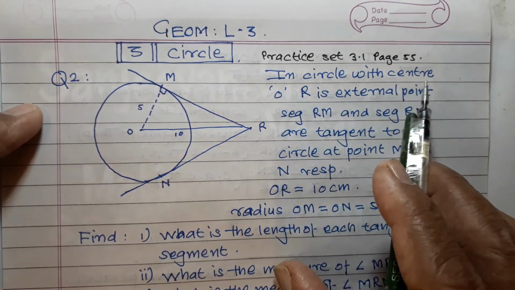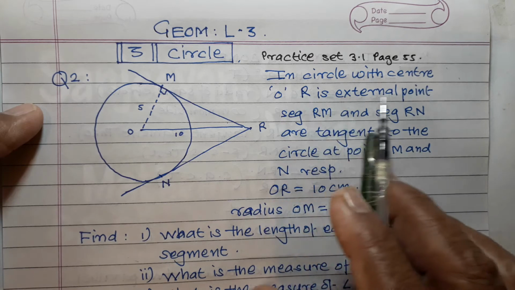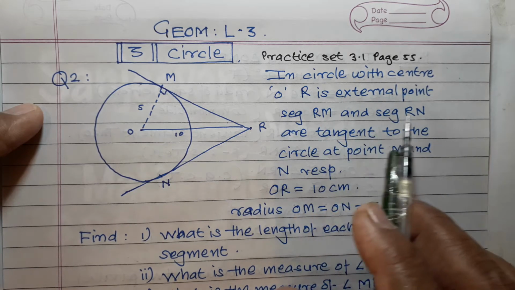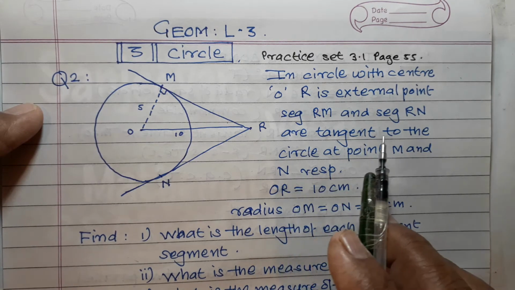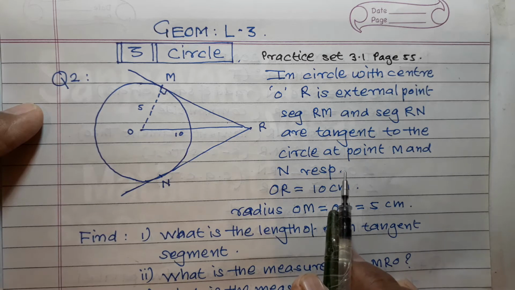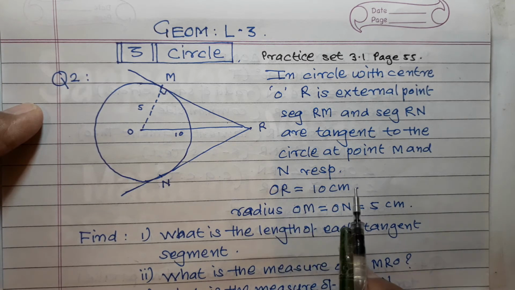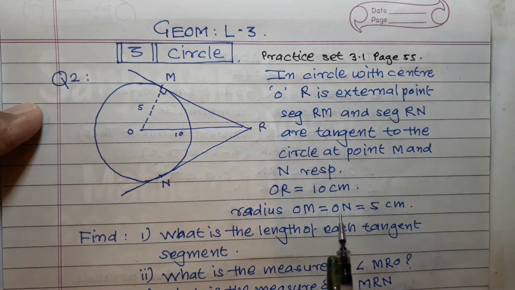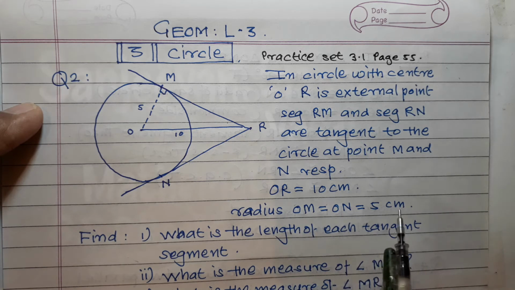In a circle with center O, R is an external point, seg RM and seg RN are tangent to the circle at points M and N respectively. OR is equal to 10 centimeter, radius OM is equal to ON is equal to 5 centimeter, given.